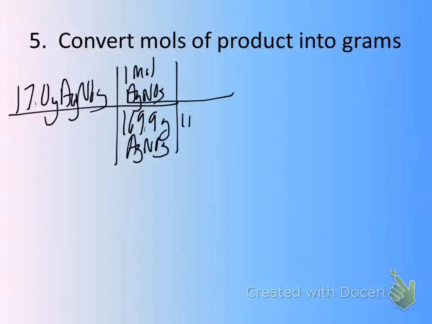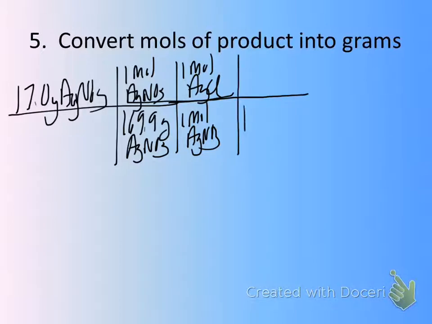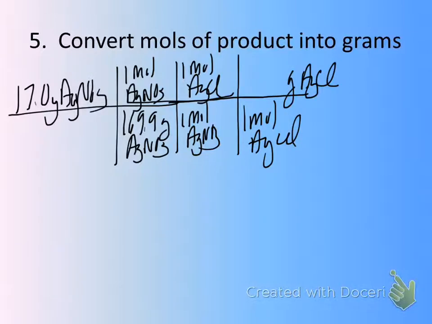We know if we react 1 mole of silver nitrate, we get 1 mole of silver chloride. And that's straight off of the balanced equation. Now we want to get out of moles of silver chloride into grams. And I believe that was 149 grams. I'm not sure.